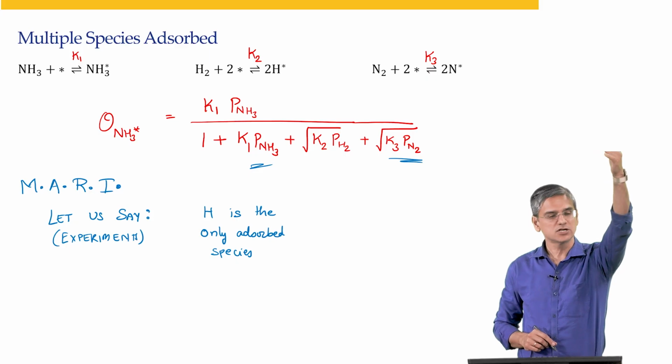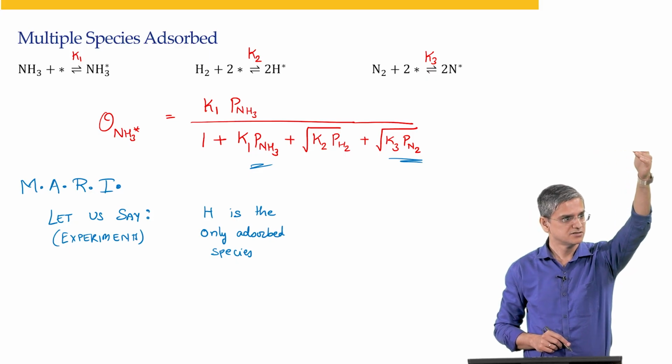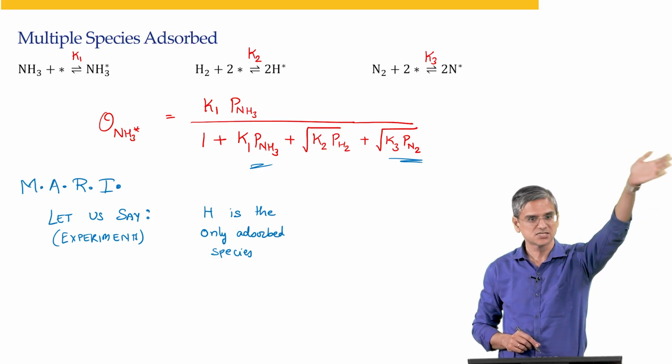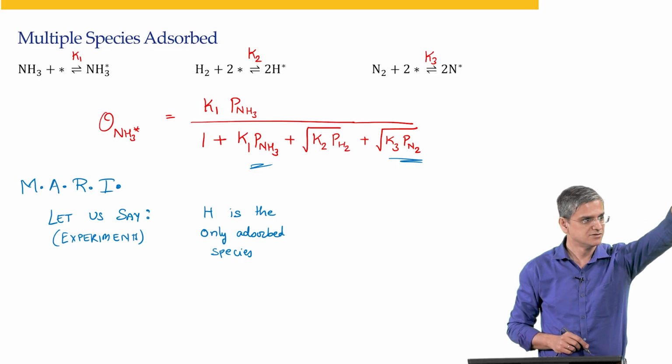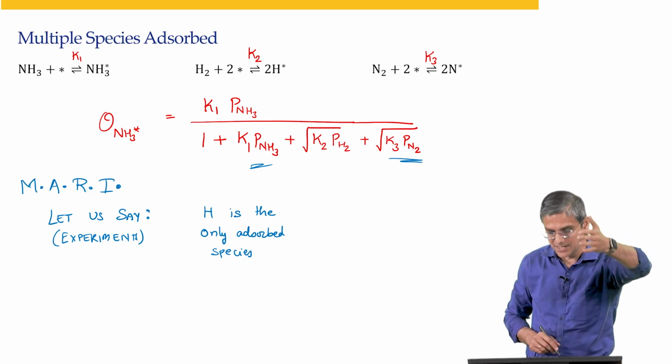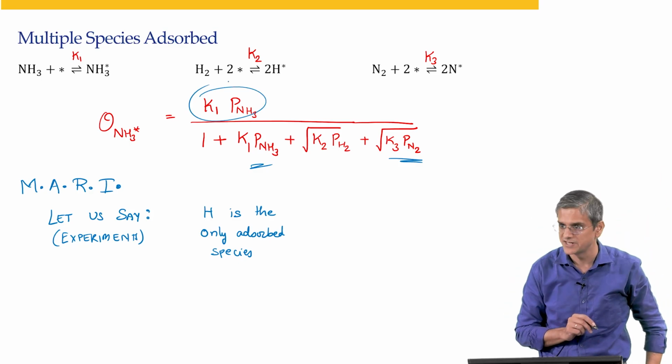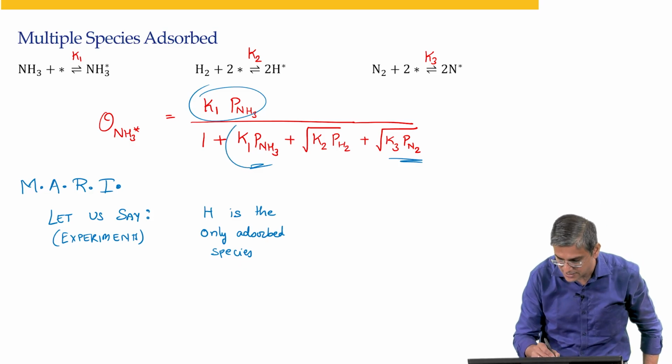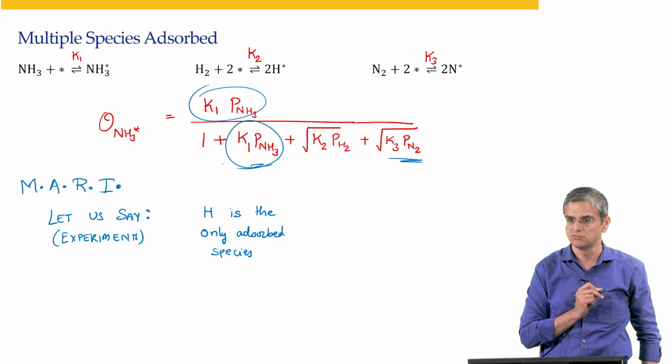Okay, look at what is there in the numerator. There is no 1 plus blah blah blah. So you cannot eliminate this term because it is very small, but you can eliminate this term in the denominator because it is small.